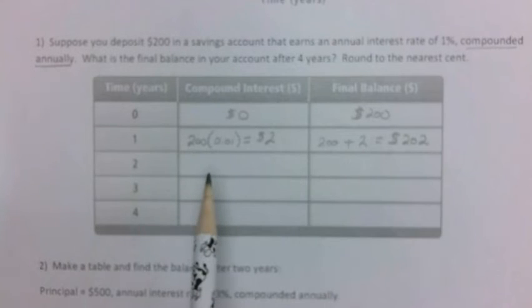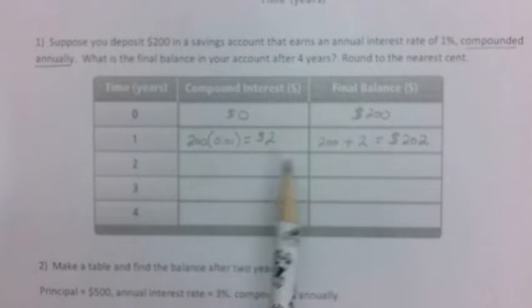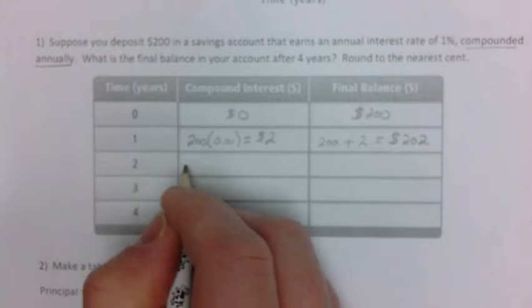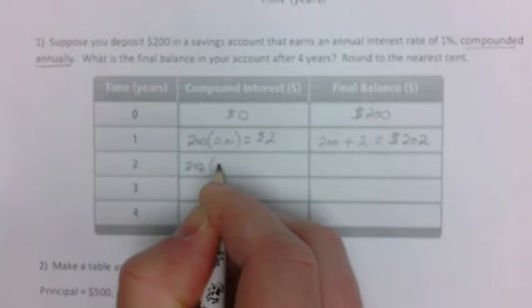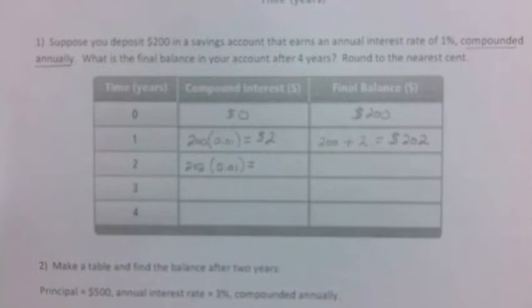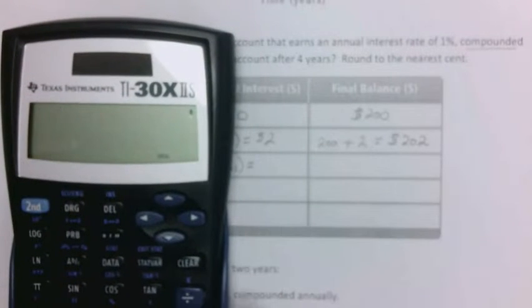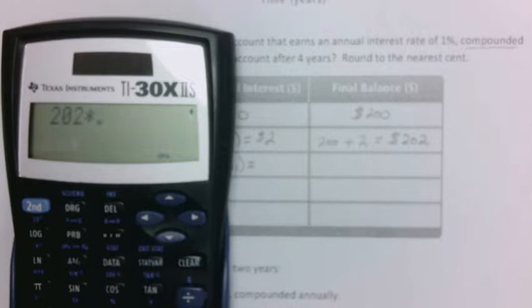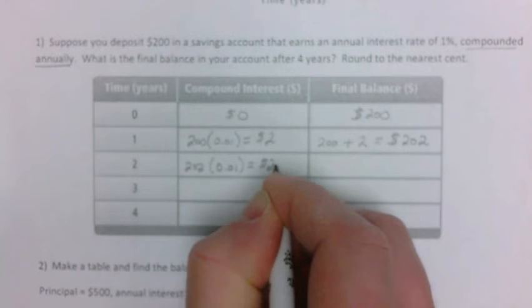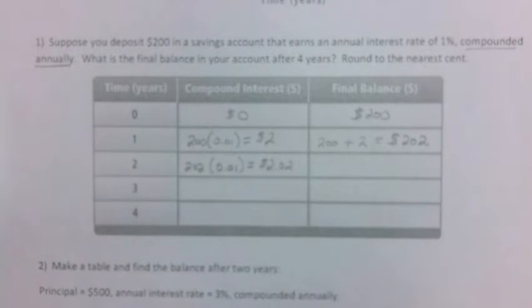Now in year 2, this is where it differs from the simple interest. To figure out the compound interest, we take the previous balance, which was $202, and again, you multiply it by the rate, which was 1%. And if you do 202 this time, times 100th, notice that our interest isn't $2 anymore, it's $2.02. So we've earned $2.02 in interest after the second year.